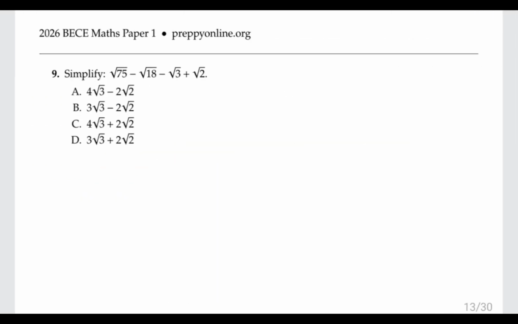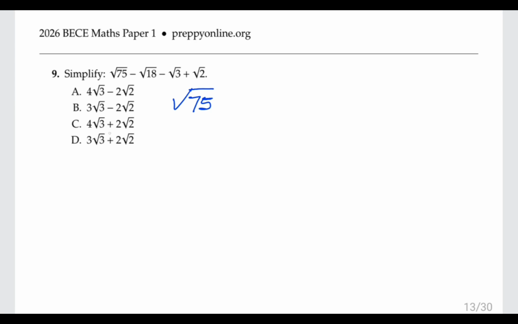Question 9. Simplify square root of 75 minus square root of 18 minus square root of 3 plus square root of 2. So this is surds that we have to simplify. And the idea when simplifying surds is to try to write the number under the surd as a product of a perfect square and another number.